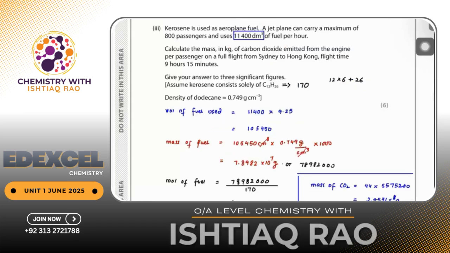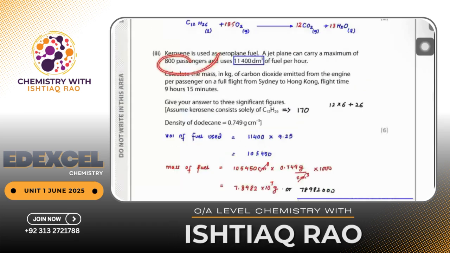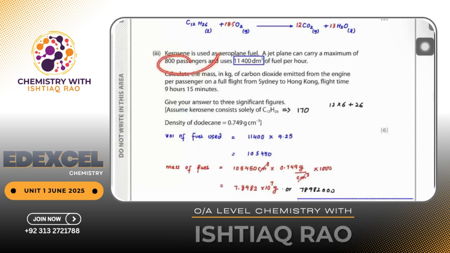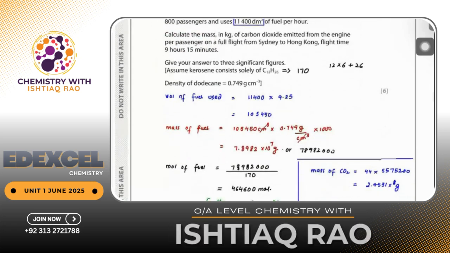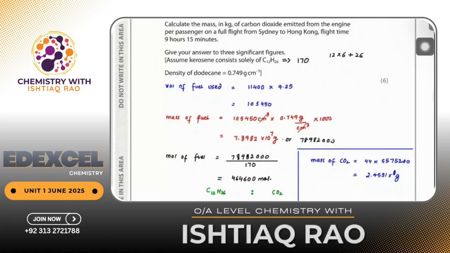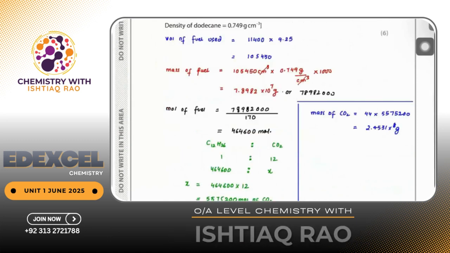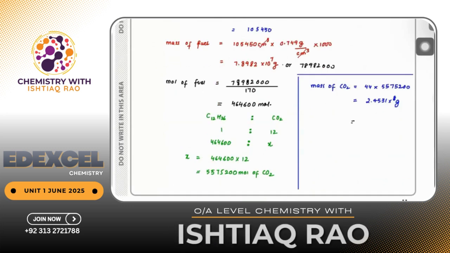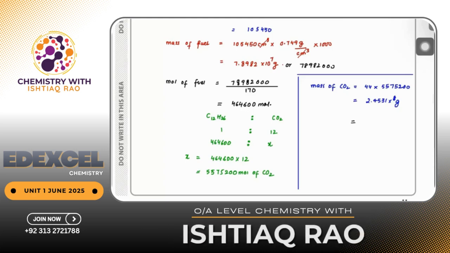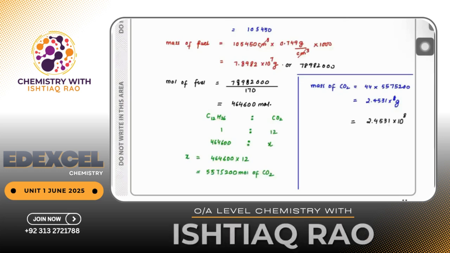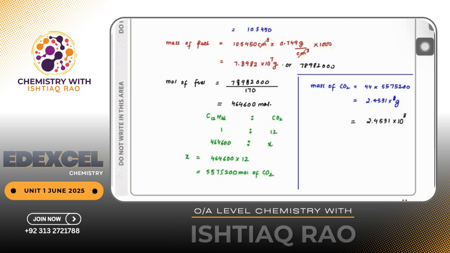So what they have given, in total we have 800 passengers. What we are supposed to do is divide by the total passengers. So I take the mass, 2.4531 times 10 to the power 8, divided by the total passengers, 800.